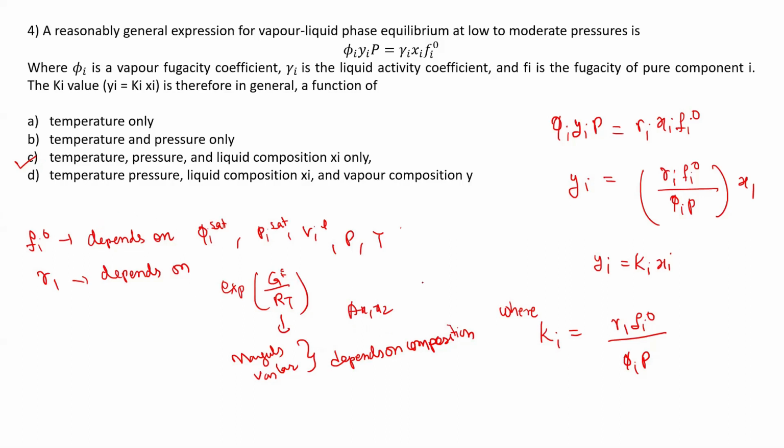Okay. So this gamma is represented only in terms of x1 and x2. So yi is not dependent. Fine. So we understand that the system is not a linear system.